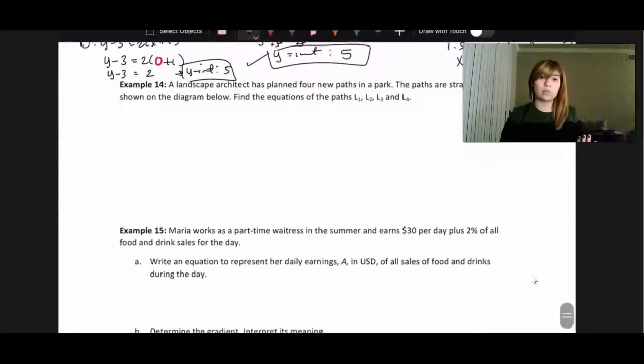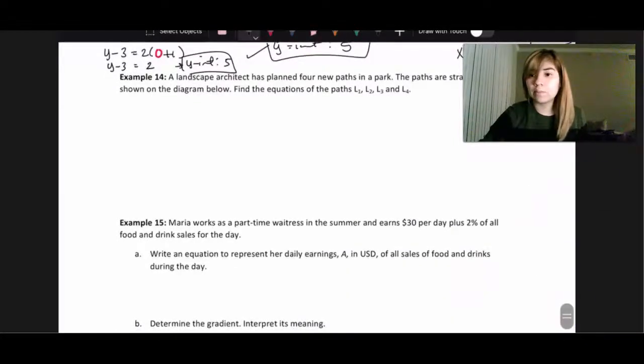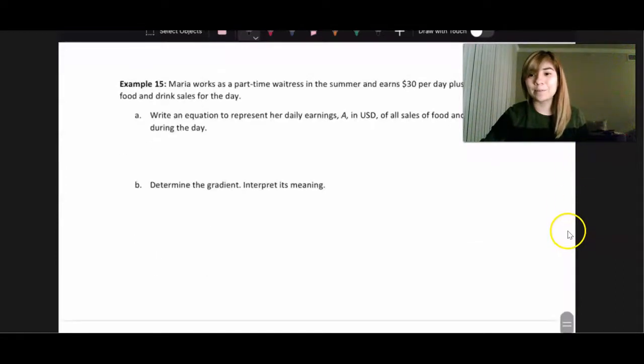Here's example 14. I don't know if the video is covering it a bit, so let's see if I can get it to disappear. And then here's example 15. Let's see if I can get my video to disappear.